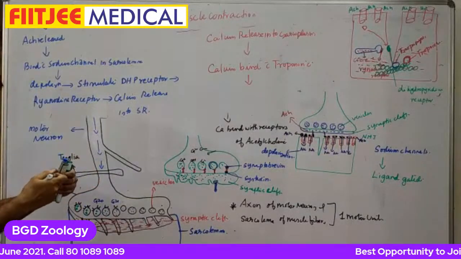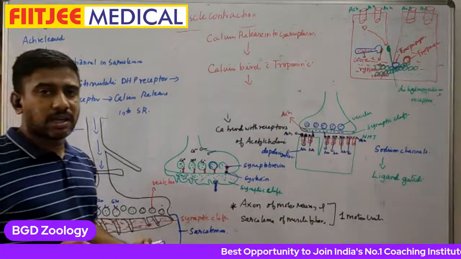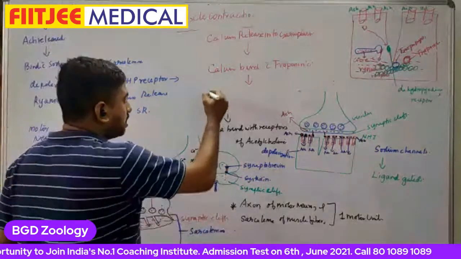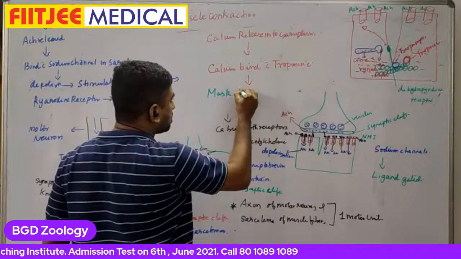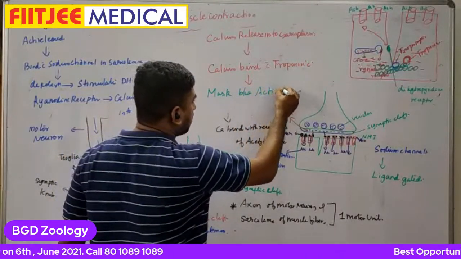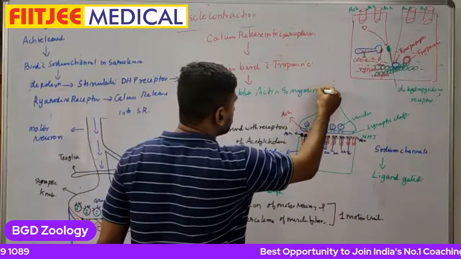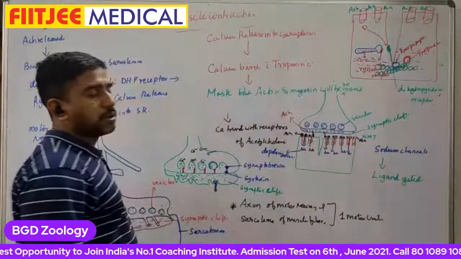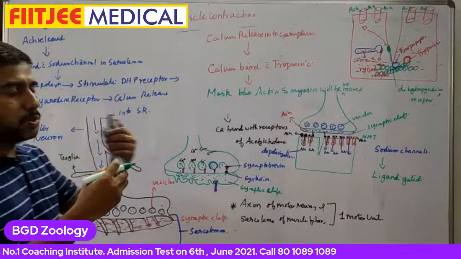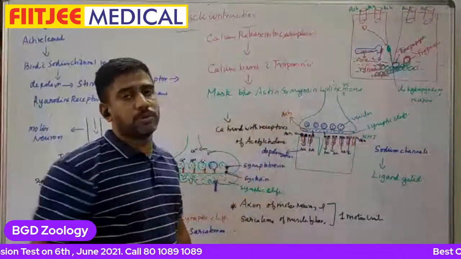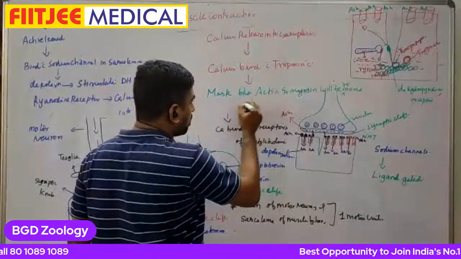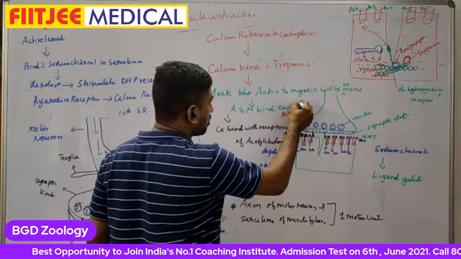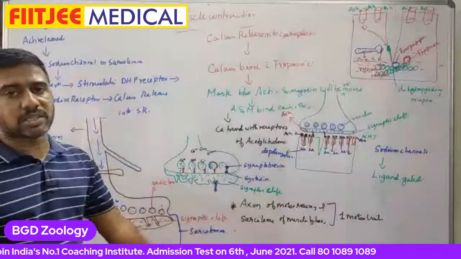Once the calcium binds with the troponin C, by this action, please understand that the mask between actin and myosin will be removed. The mask between them, that mask will be removed. That means actin and myosin bind each other. Clear? And so the muscle contraction will happen.